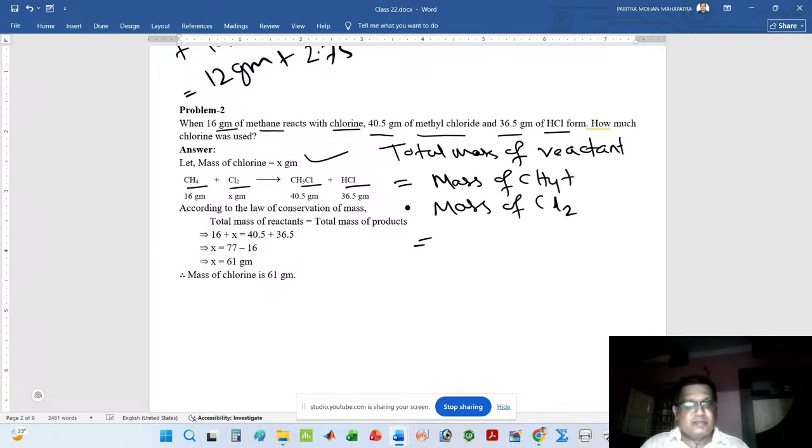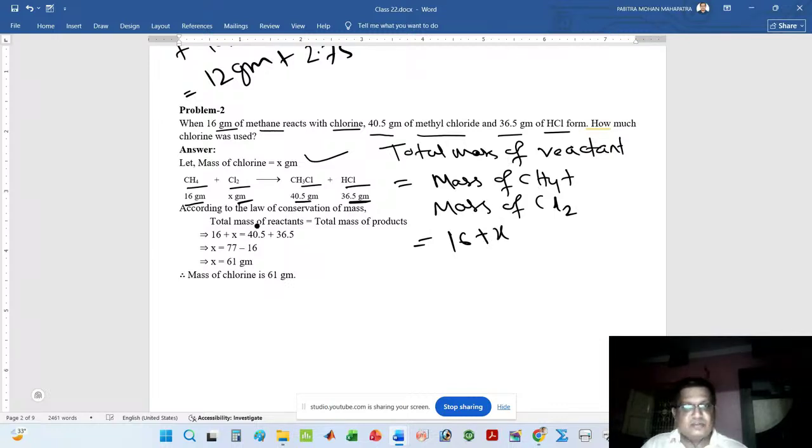Here I have written 16 gram, x gram, 40.5 gram, 36.5 gram. I have written the weight of each species. The mass of CH4 is 16 gram, mass of chlorine is x gram, so here I can write 16 plus x.